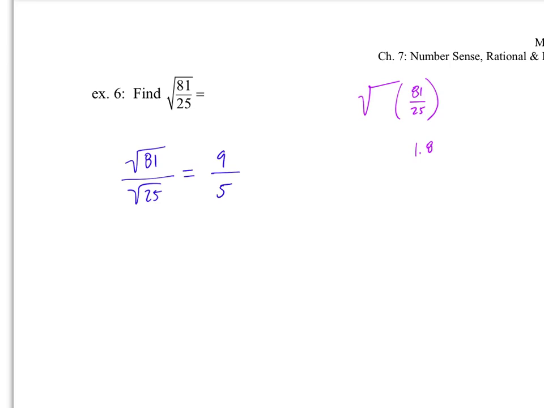So the square root of 81 over 25 is the same as the square root of 81 divided by the square root of 25, which equals 9 over 5, or 1.8 in decimal, or 1 and 4/5. 5 fits in 9 one full time with 4 left over. So without a calculator, you can do these. Perfect squares only. I'm not going to ask you to find ones that aren't perfect squares.